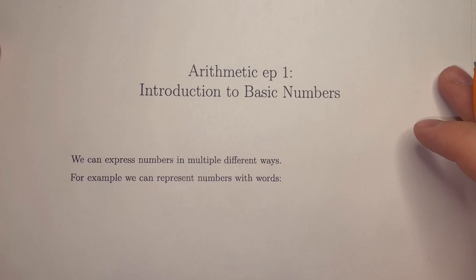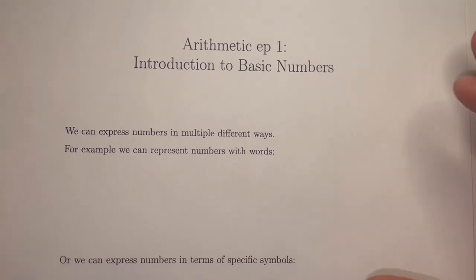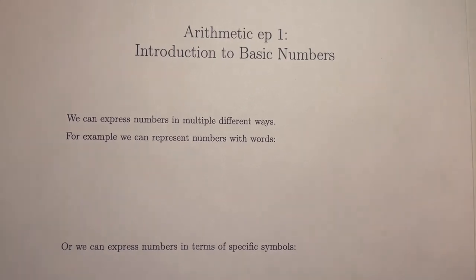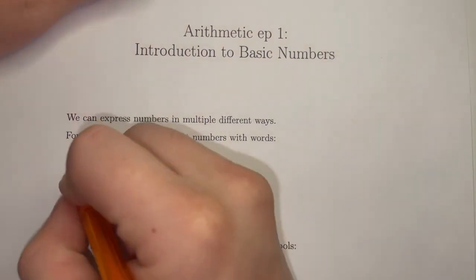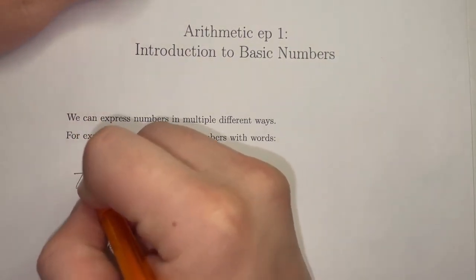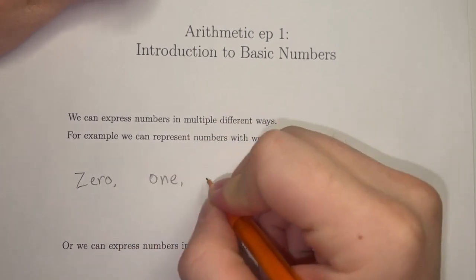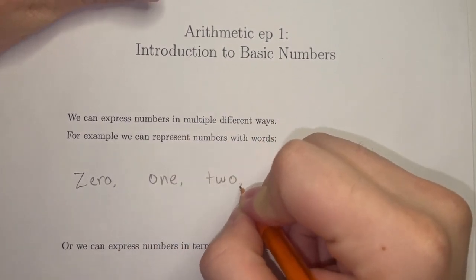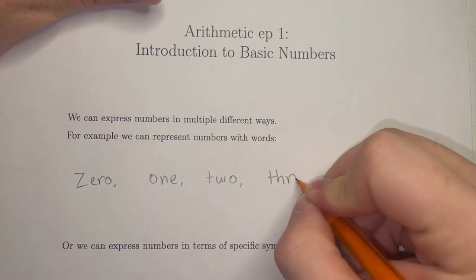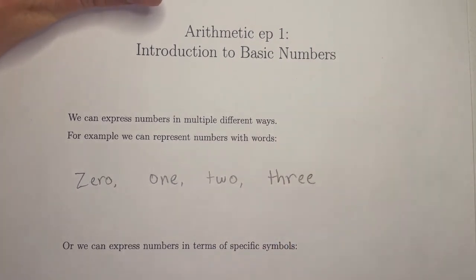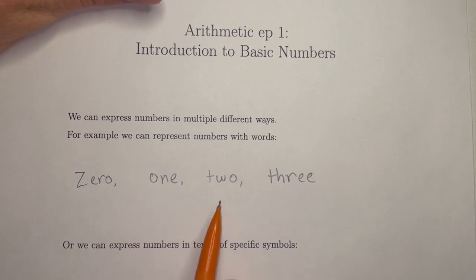So I'm going to first start by stating we can express numbers in different ways, and in particular, two different ways right now. So for example, one way that you might see numbers expressed is as words. So you might see 0, 1, 2, 3.